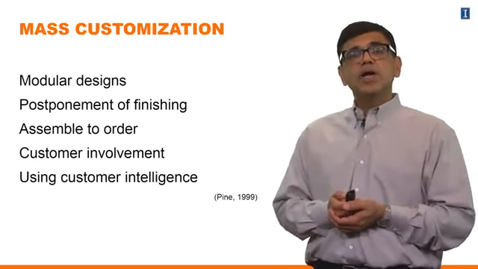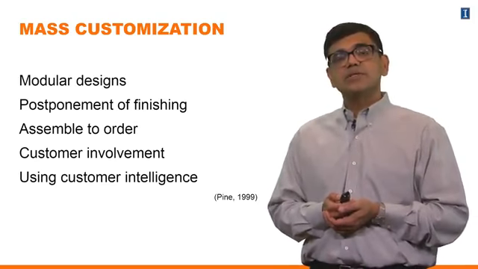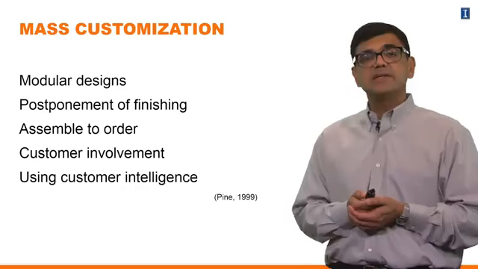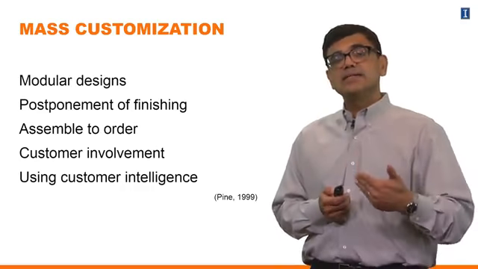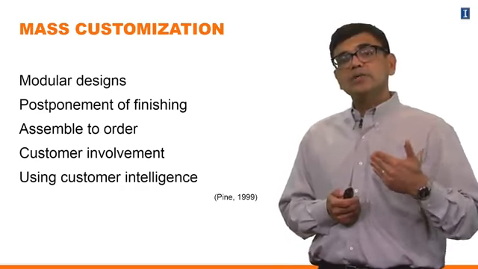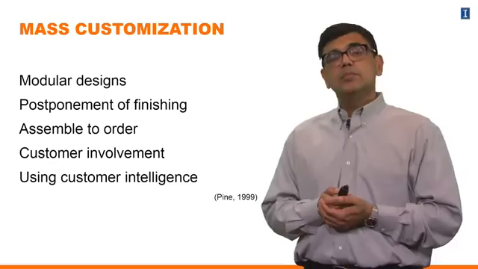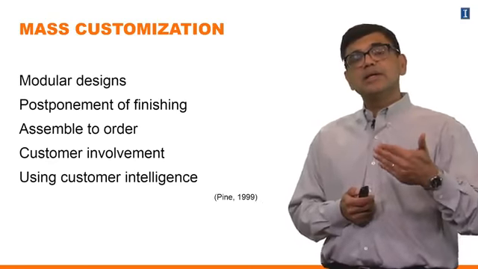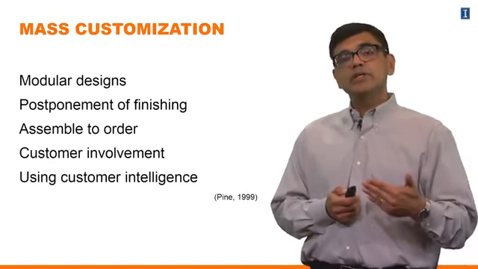The second way of getting towards mass customization, this idea of mass production with some customization for the customer, is postponing the finishing of the product. Benetton, which is a garment company more popular in Europe, uses this idea of postponement of finishing.